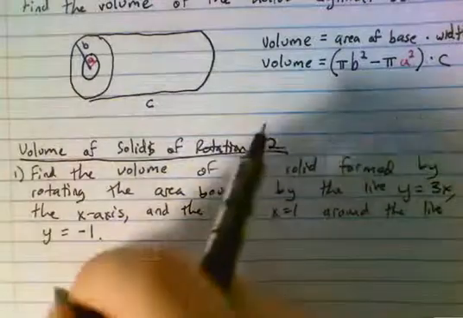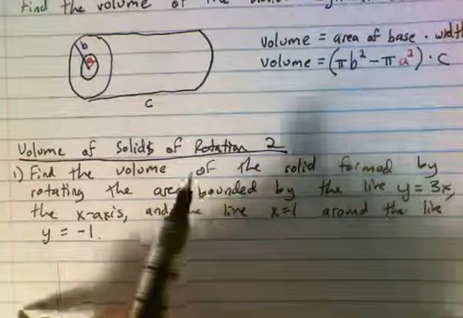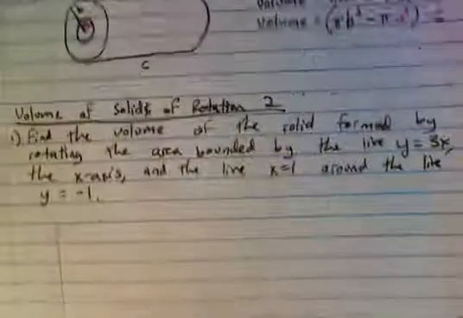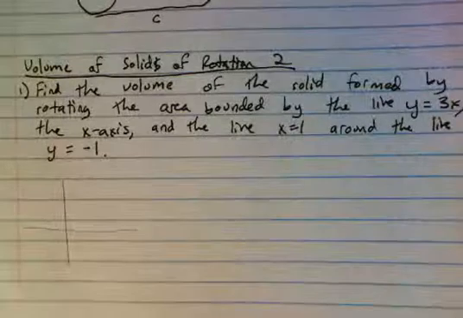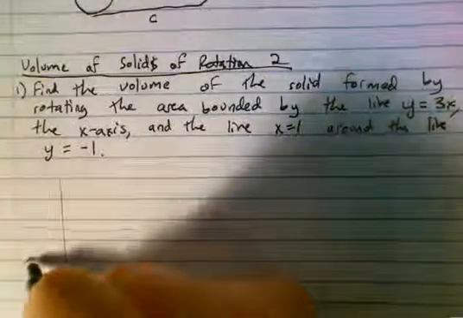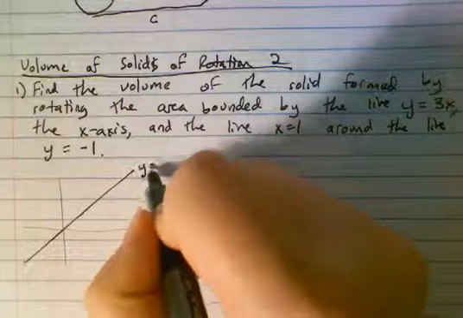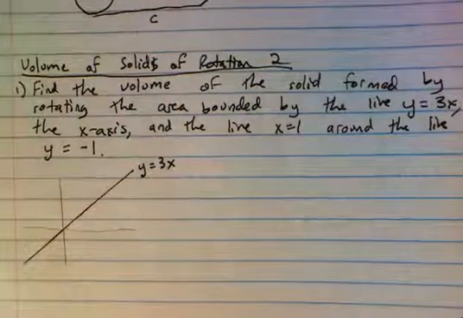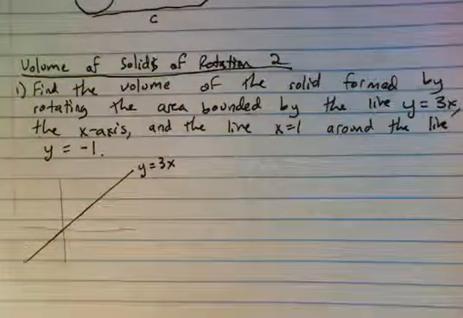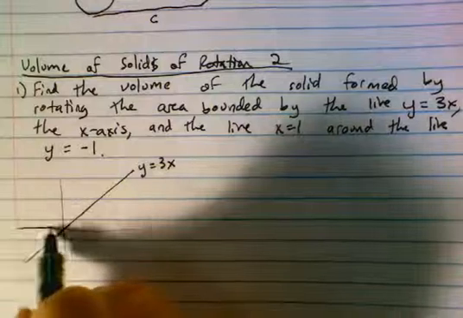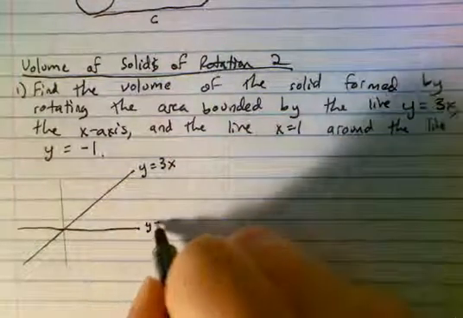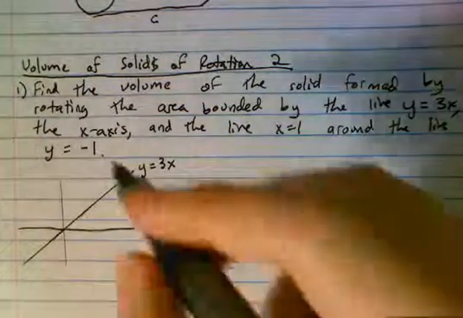So first things first, I'm going to draw that out. I'm going to do my axes in pencil because we're going to have a lot of little lines going along here. So here are my axes. I've got one line, y equals 3x. I've got one line on the x-axis, that's y equals 0.